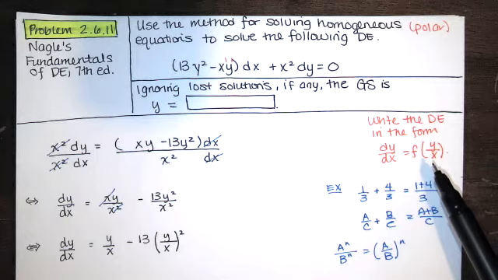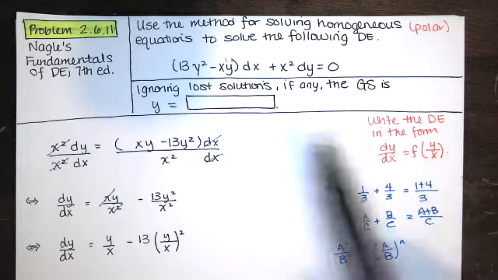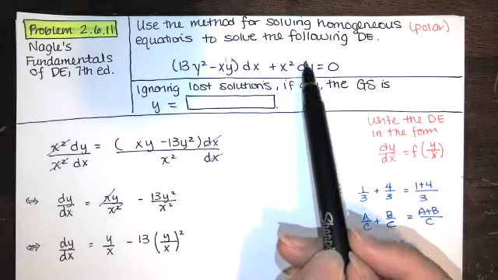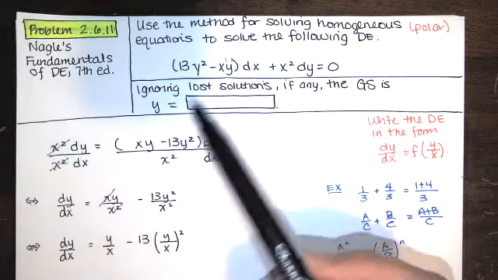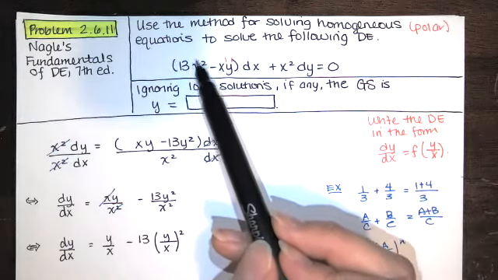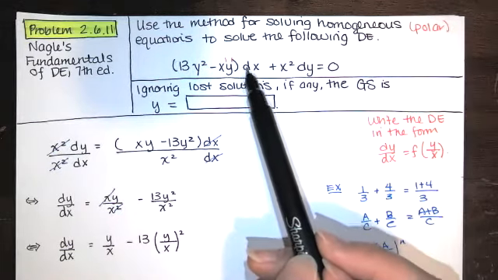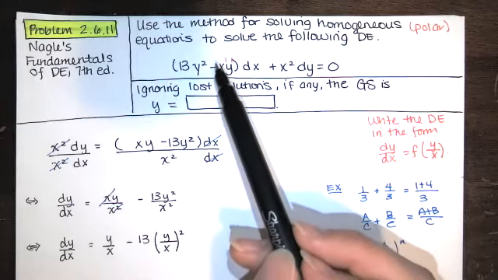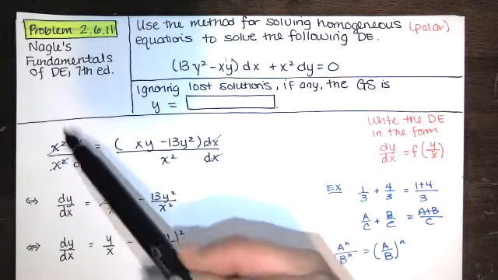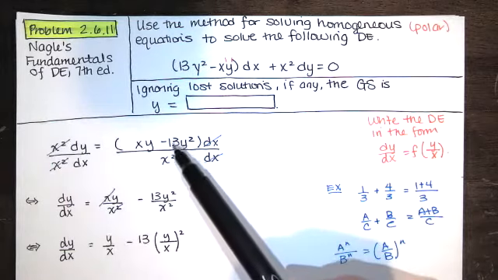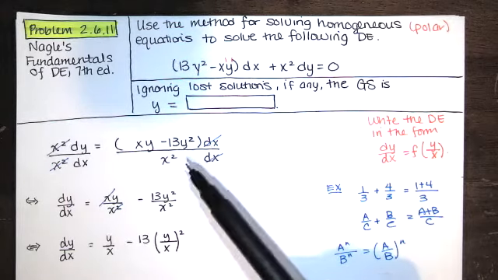In order to make that happen, I'm going to keep this x squared dy on this side, and then I'm going to subtract 13y squared times dx from both sides. So when I subtract 13y squared times dx from both sides, it's gone over here, and I have a negative 13y squared times dx.